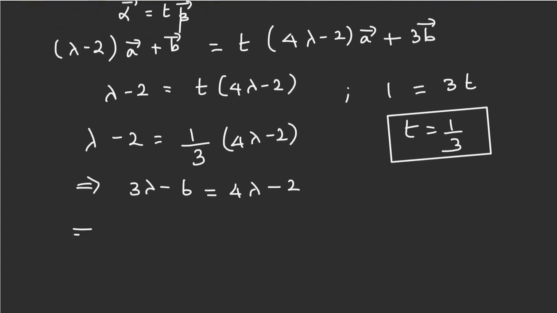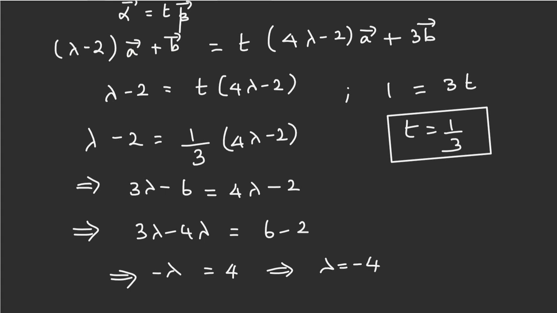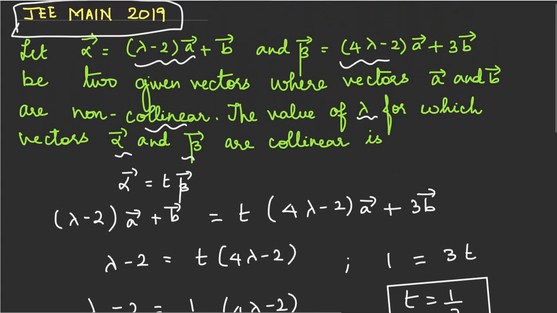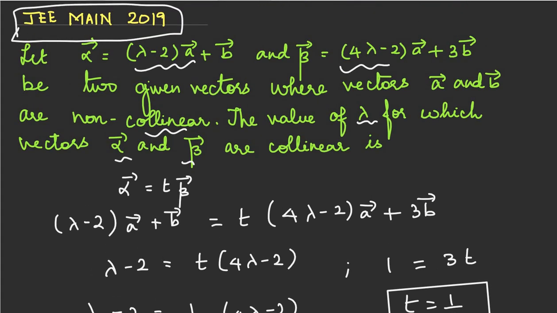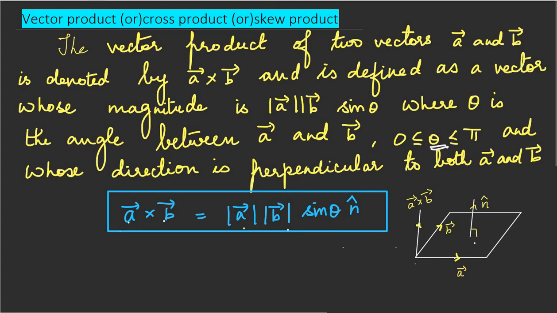This gives 3 lambda minus 4 lambda is equal to 6 minus 2, which implies minus lambda is equal to 4, or lambda is equal to minus 4. We have found that the value of lambda is equal to minus 4.